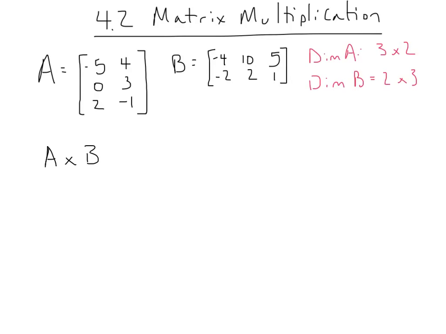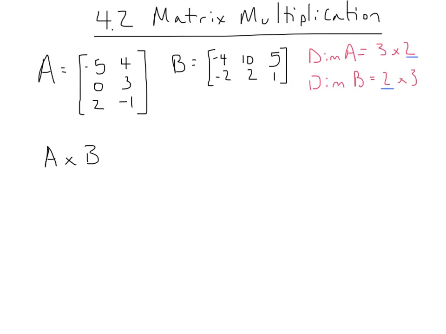The relevant factor is that the number of columns in the first matrix needs to match the number of rows in the second matrix. What this means is that in some cases, not this case, I might be able to perform matrix multiplication A times B and get a result, but it might not even be possible to multiply matrix B by matrix A.